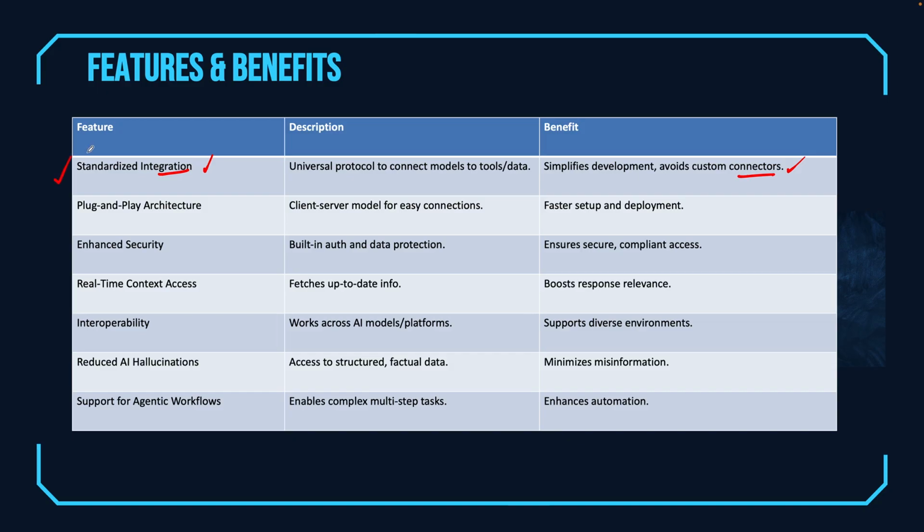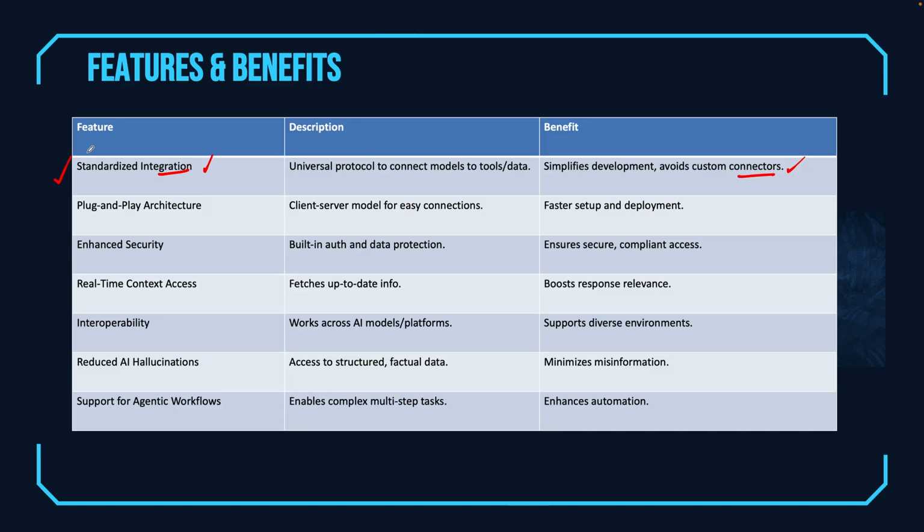Then we talk about the plug and play architecture. That's the beauty of MCP. It's a simple client-server architecture. You have an MCP client talking to an MCP server. The MCP server could be a file system MCP server, it could be an Azure MCP server. When I was testing MCP, it was so amazing that if you have the whole code that is working for you, with just minor modification, it's only an area where you specify your MCP server.